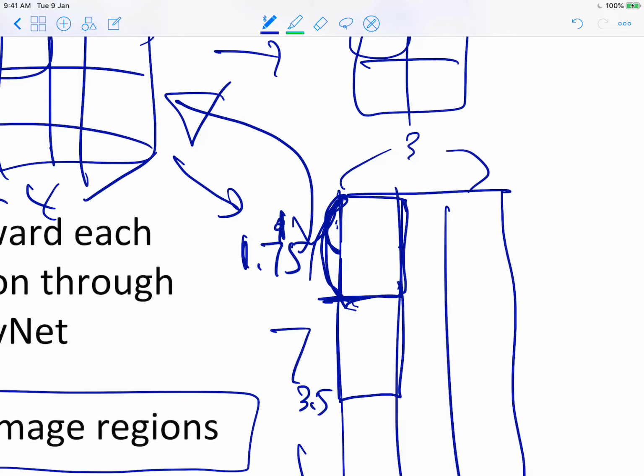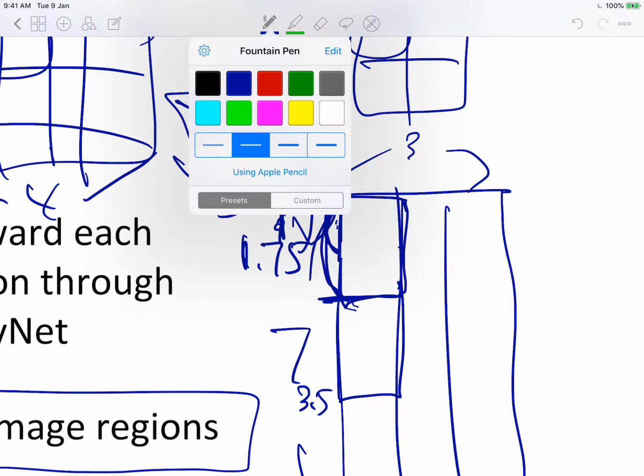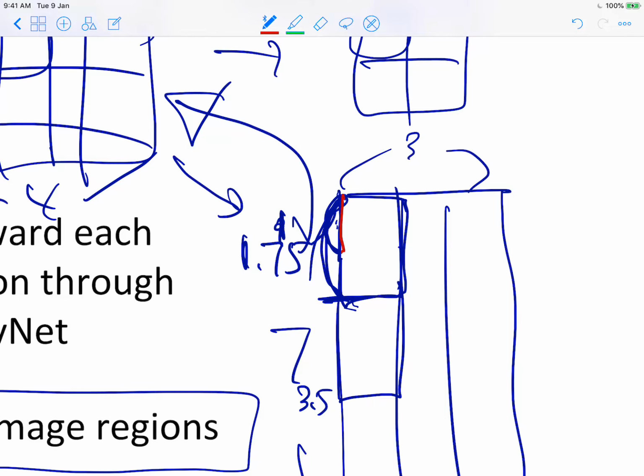If we think of a regular grid that is formed by our integer pixels, like this: this is the first pixel, this is the second pixel, this is the third pixel, and this is the fourth pixel.